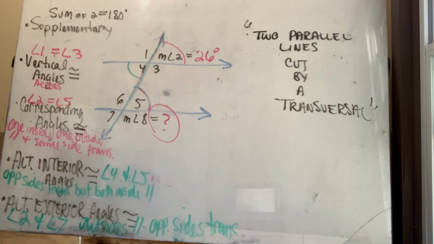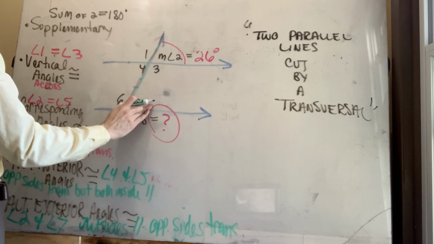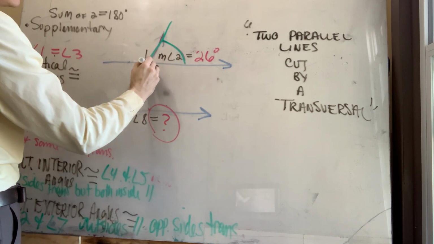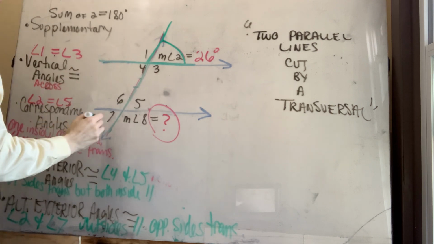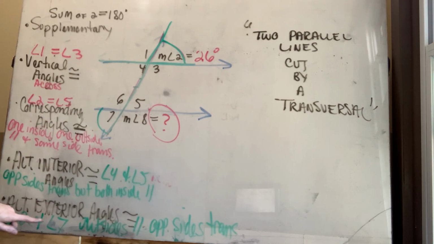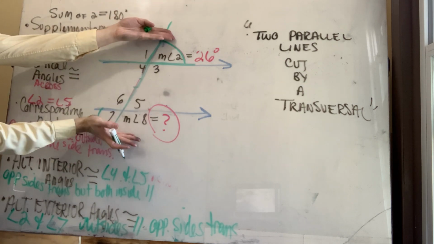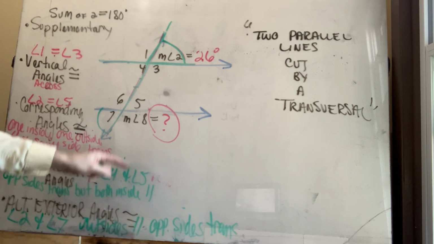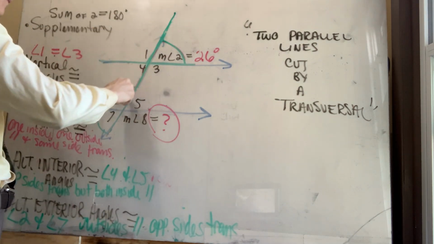All right. Angle 2, this angle here, is alternate exterior. They are exterior in that they are both outside of the parallels, right? And they're alternate because they're on opposite sides of this transversal line.